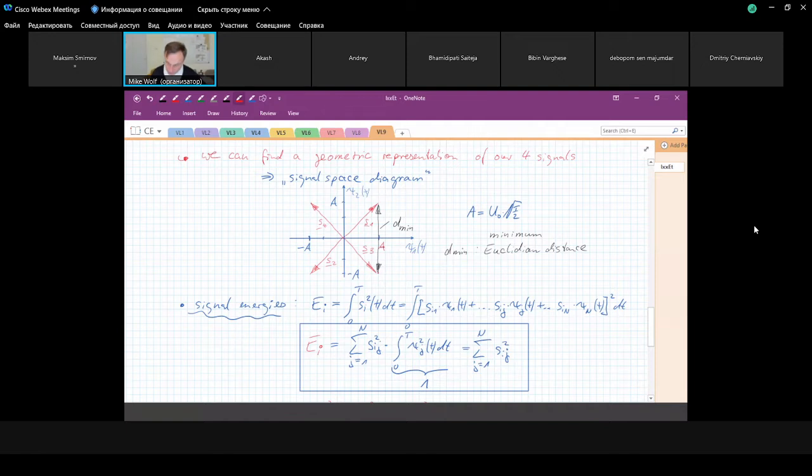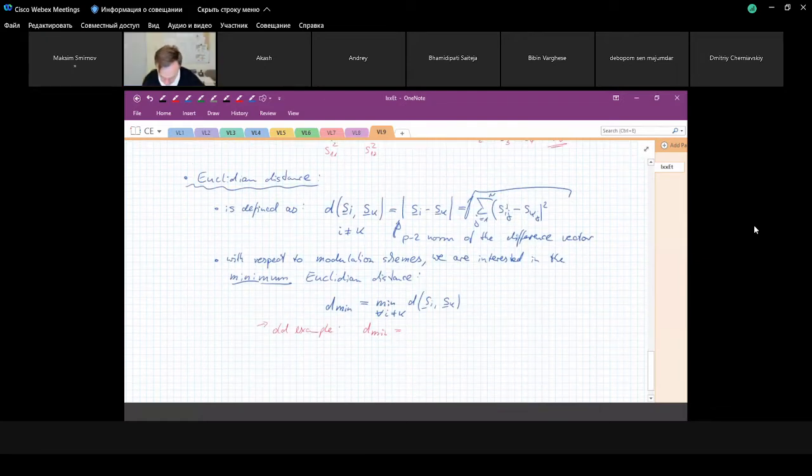So it's 2A, and 2A is 2 times u naught times square root of t by 2. This is our minimum Euclidean distance in this example. Of course, we can write this differently. We can also write this as u naught times square root of 2t, as you want.